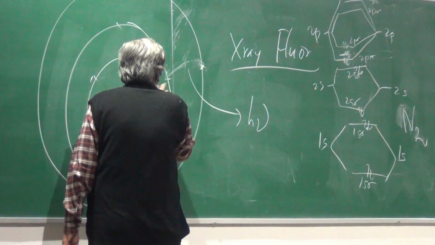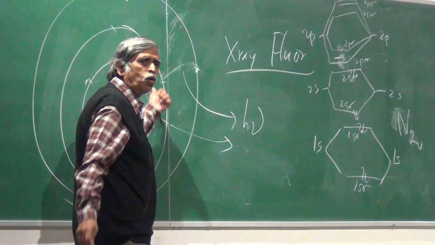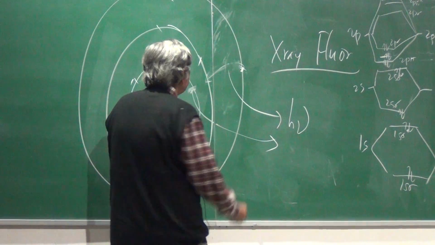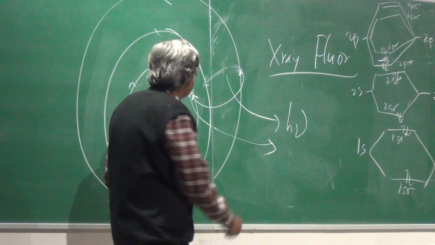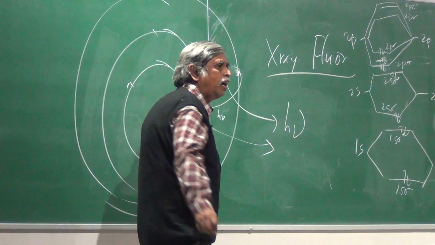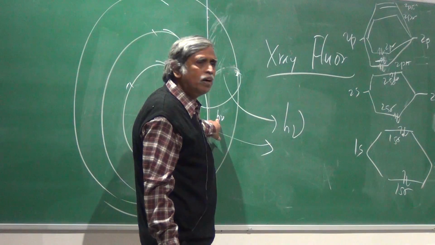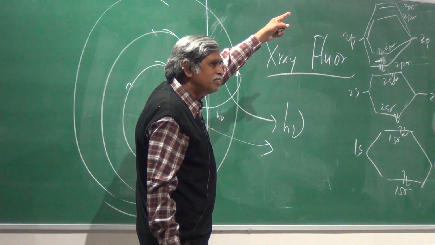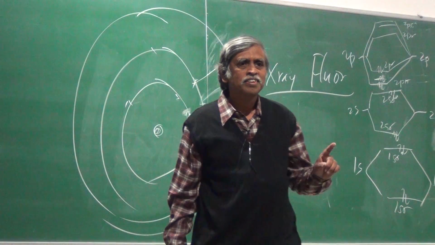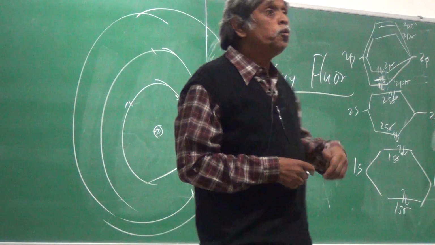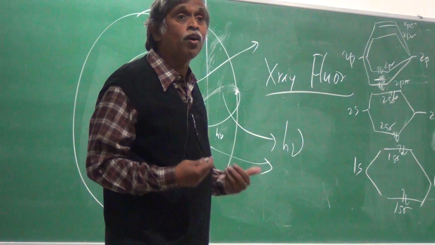I remove the electron from here. It's gone. I have a hole. What can happen? This fellow jumps here. What can happen? hν is emitted. And if that hν is good enough to keep this guy out, this guy is gone. So basically this is called a secondary electron emission.